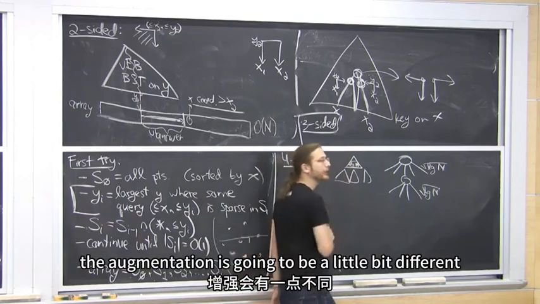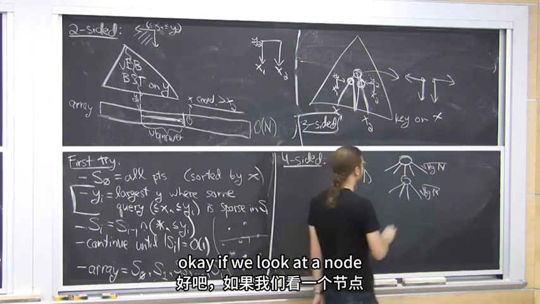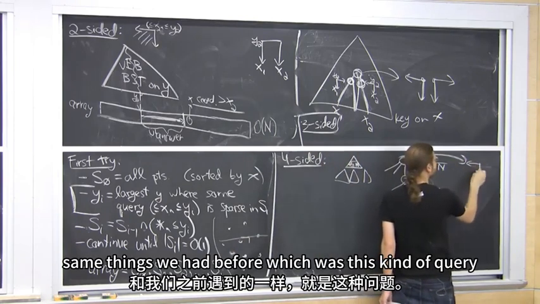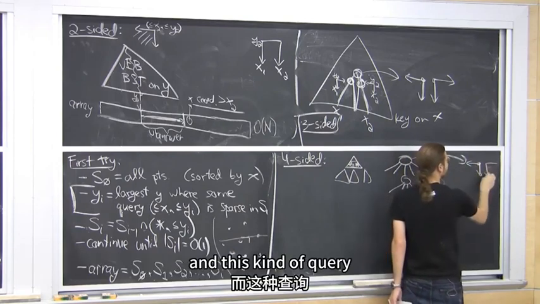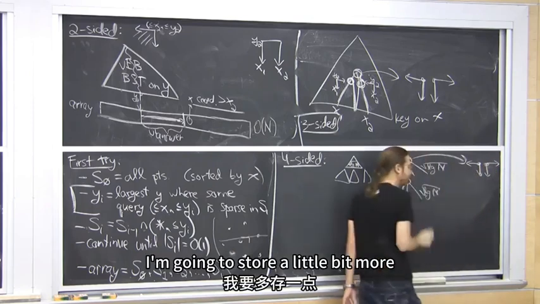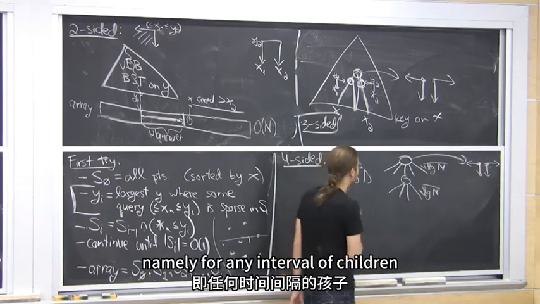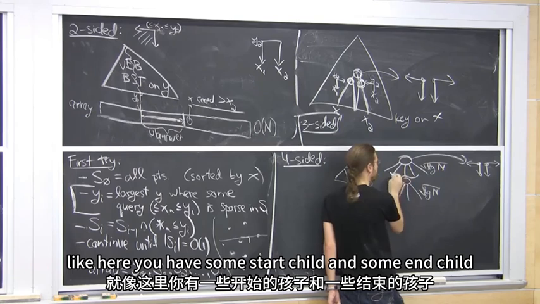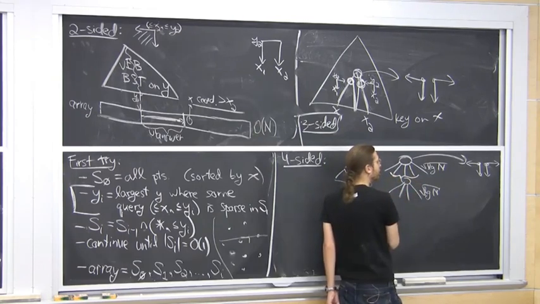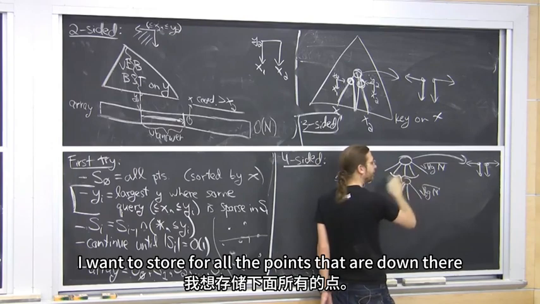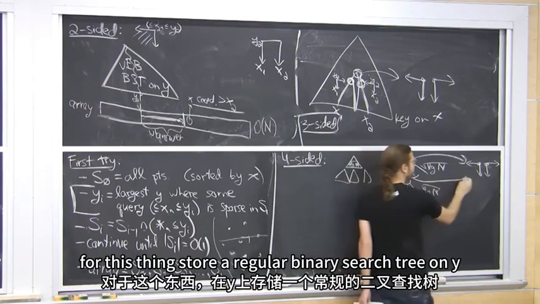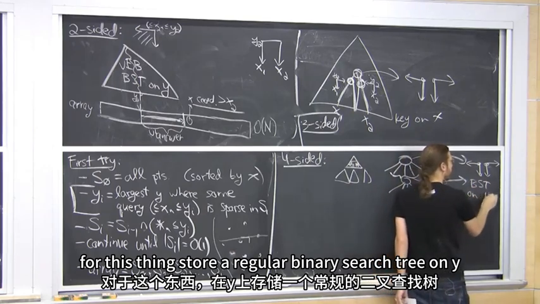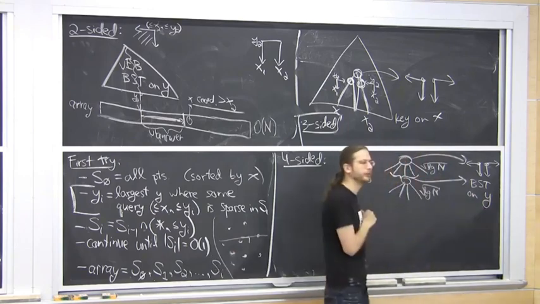The augmentation is going to be a little bit different. If we look at a node, we're going to store the same things we had before, this kind of query and this kind of query. We're going to store a little bit more. Namely, for any interval of children, with some start child and some end child, for all the points that are down there, store a regular binary search tree on y for those points.